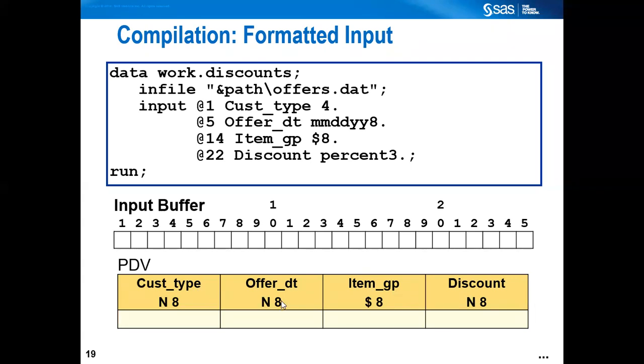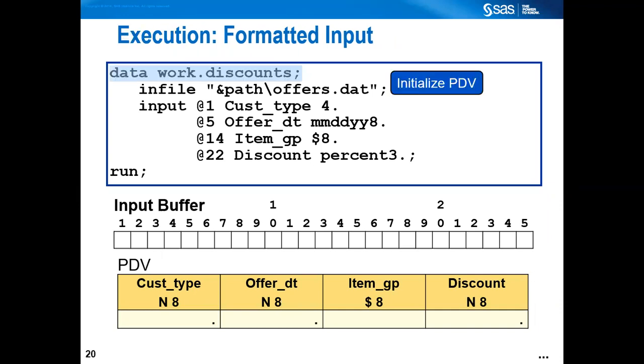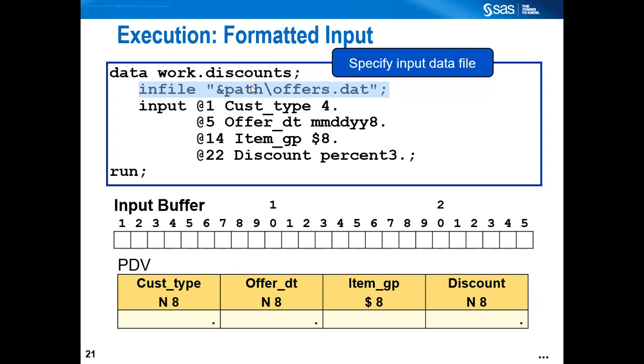Now when this descriptor portion is ready, SAS moves into execution mode. During execution, when it reads the first statement of the data step, at the initial stage your PDV should be vacant. That means it should be initialized to missing: all numeric values are missing, represented by a period, and character values as blank. When it hits your infile statement, it will locate where your raw file is, so it specifies the path.